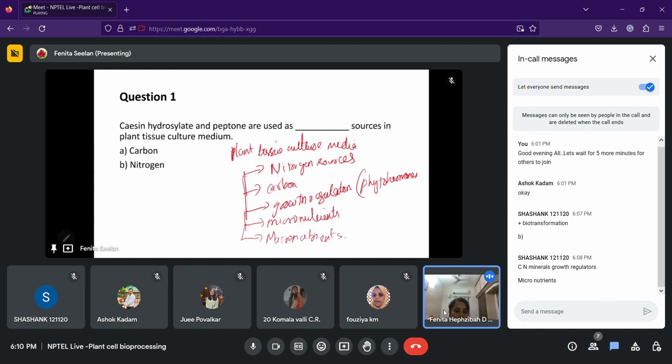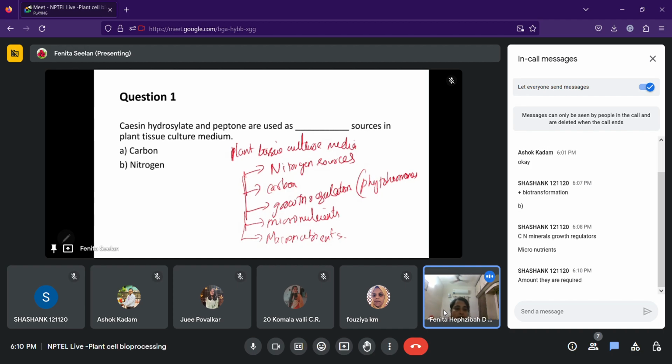What are micronutrients? What are macronutrients? Why are they called micro? The amount, yes. The amount they are required by the plant is why they are classified as micro and macro. The macronutrients will be required in greater quantity compared to your micronutrients.